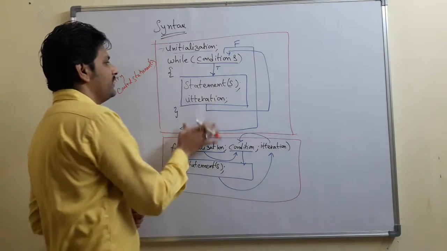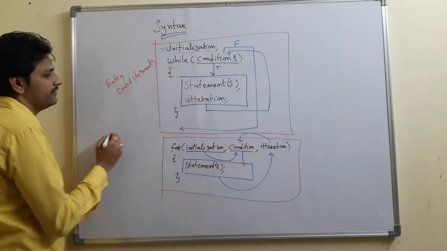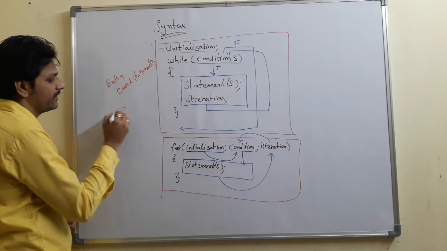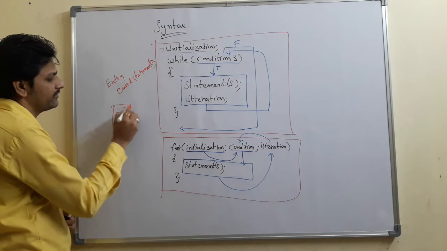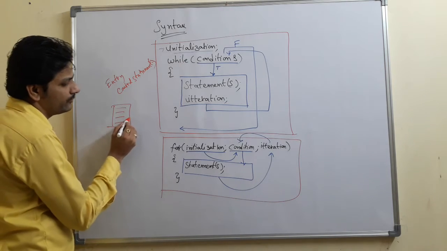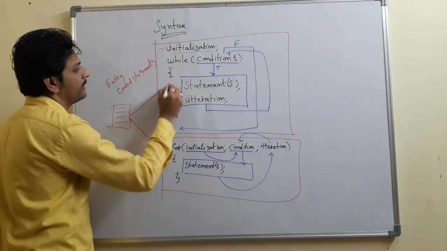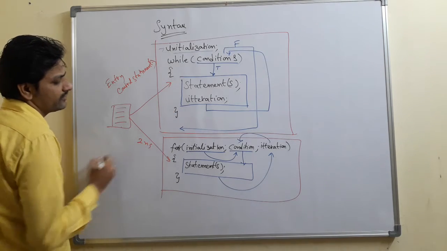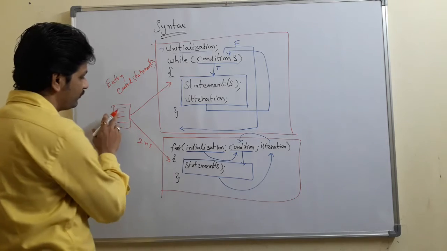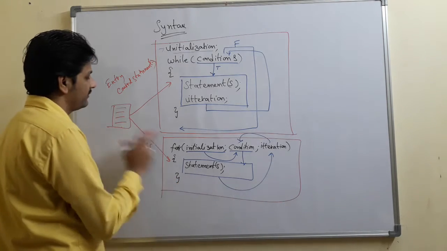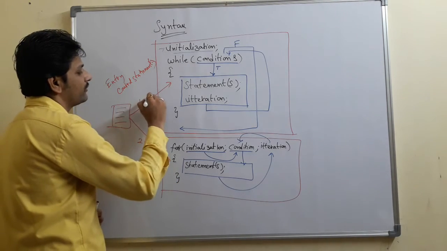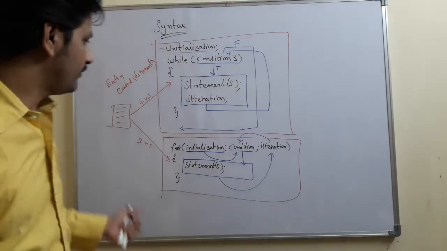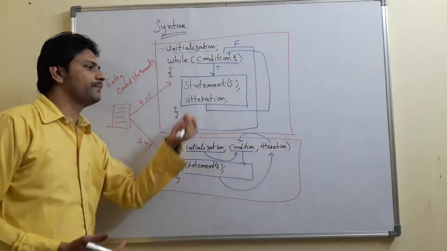So if I am going to execute, say, 4 statements with a for loop, and at the same time with a while loop, the for loop may take 2 nanoseconds while the while loop takes 4 nanoseconds. So both are the same, but for loop is a little bit faster compared to the while loop.